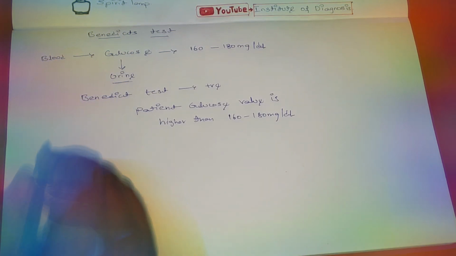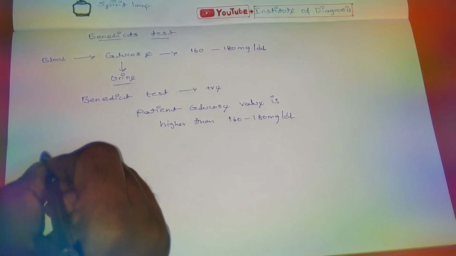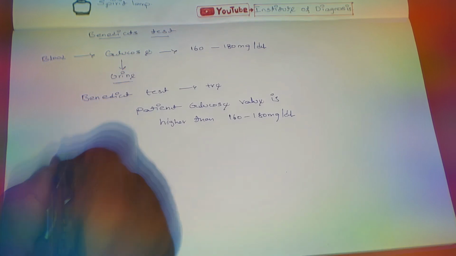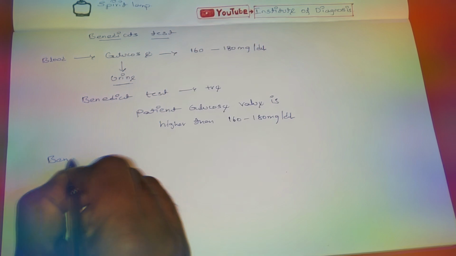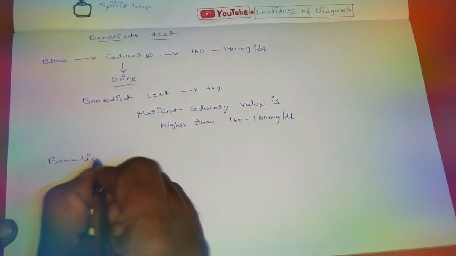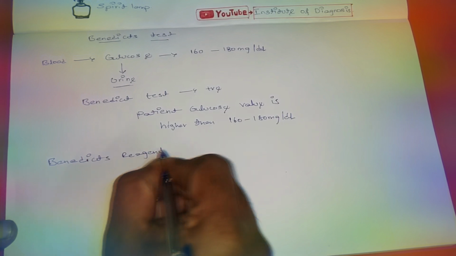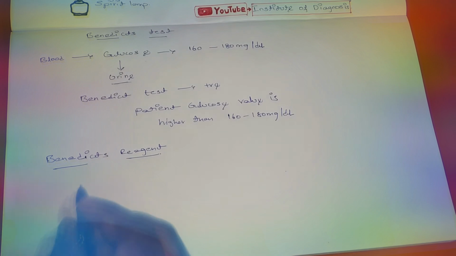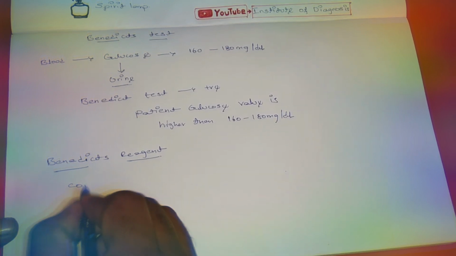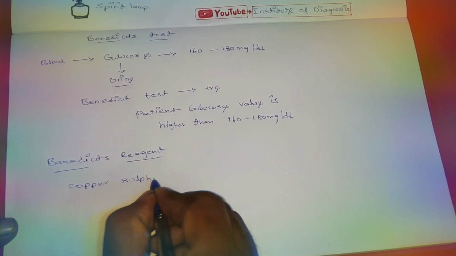Now I am telling you what are the reagents or the apparatus present inside this Benedict test. The Benedict test will contain a major reagent that is called Benedict's reagent, which is very much important. The Benedict's reagent will contain copper sulfate.